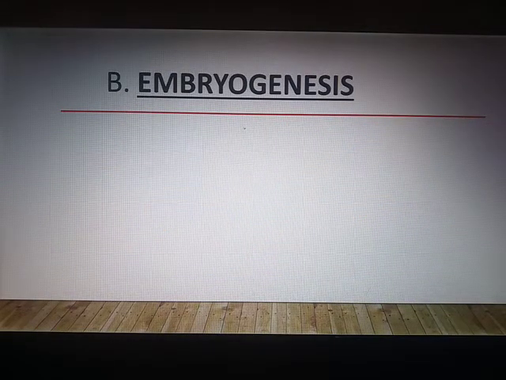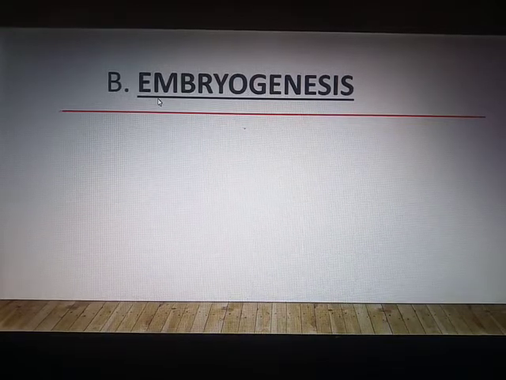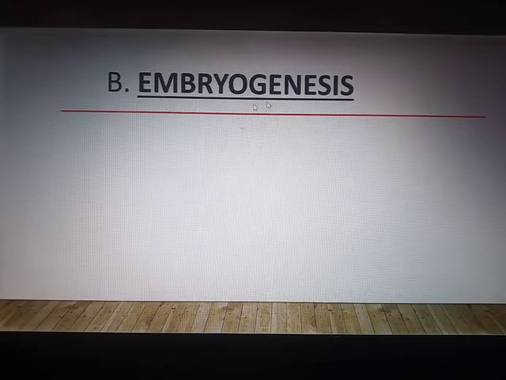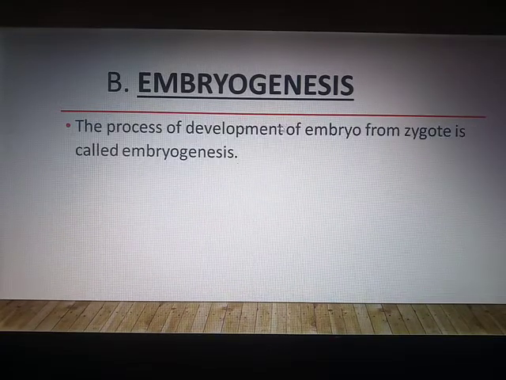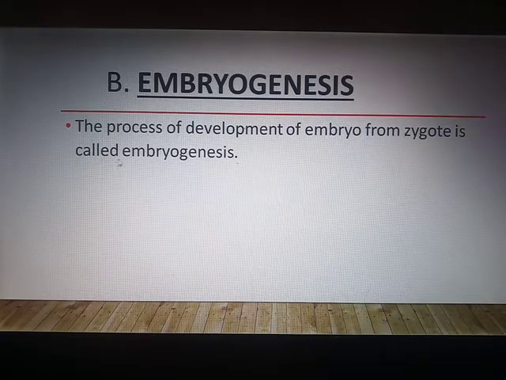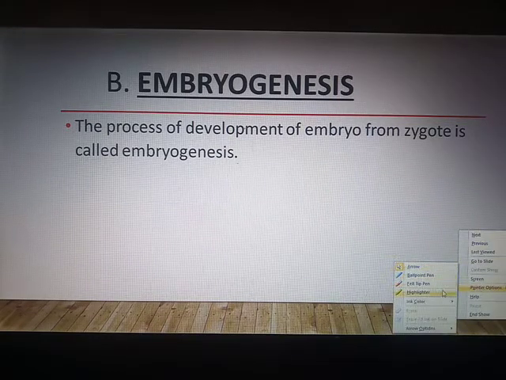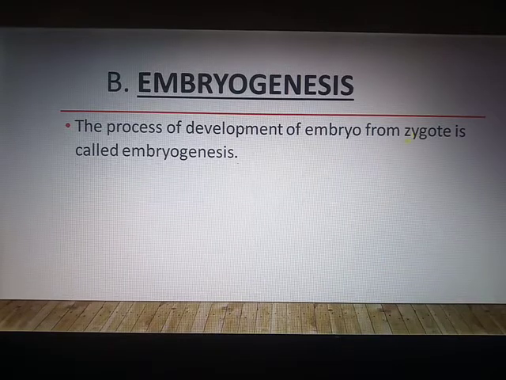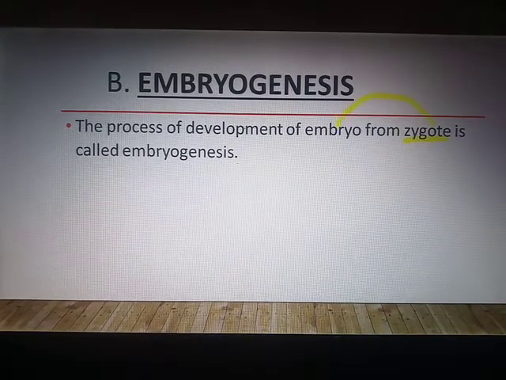So what is embryogenesis? Embryo means the stage after zygote and genesis means formation. Clear? So the process of development of embryo from zygote is called embryogenesis. So students, when zygote is formed, from zygote, embryo is formed.